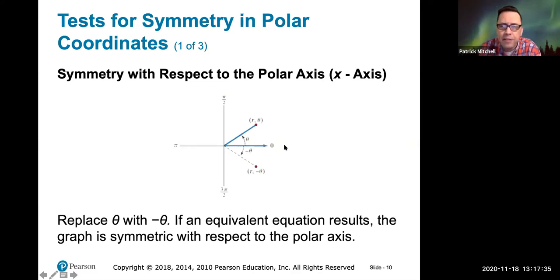So the way to test for that is to replace theta with opposite theta. And if you get an equivalent equation, that means the graph is definitely symmetric with respect to the polar axis.